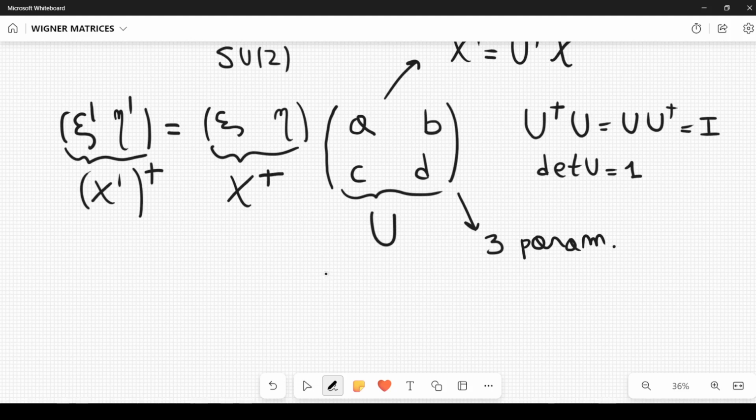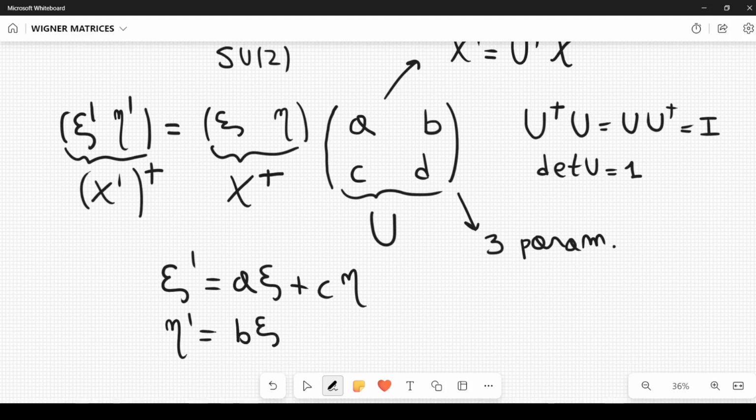And what I want to do now is first let me write xi prime from this equation here. Xi prime is equal to A xi plus C eta, and then we have eta prime equal to B xi plus D eta. So we have an equation that relates xi and eta to xi prime and eta prime after the so-called, quote unquote, rotation.